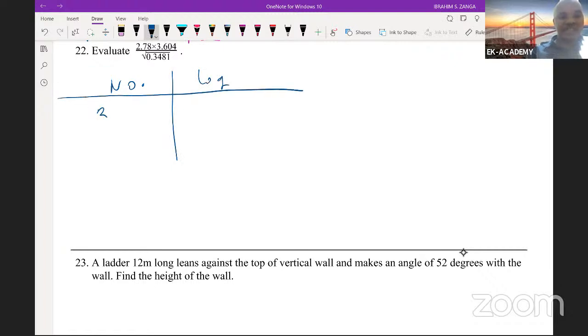So 2.78, if you read it from the table, log 2.78 will be 0.440. And 3.604, log of this number, you get 0.5678.